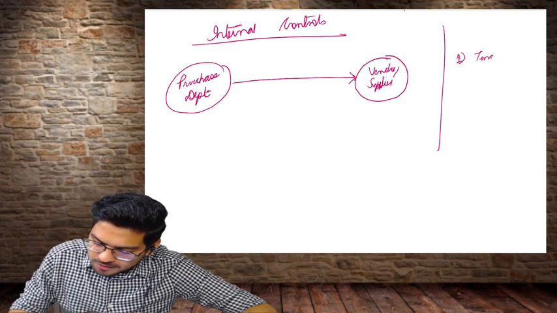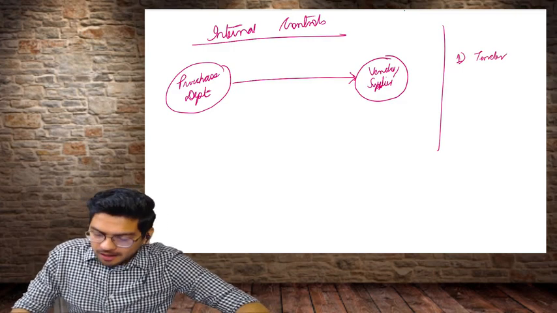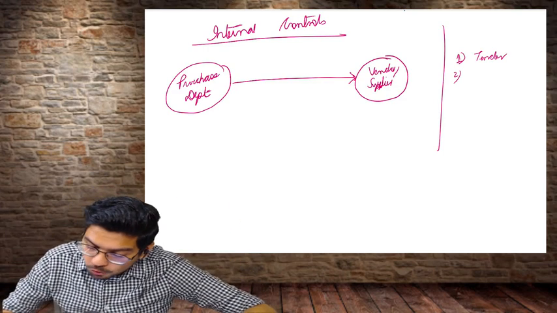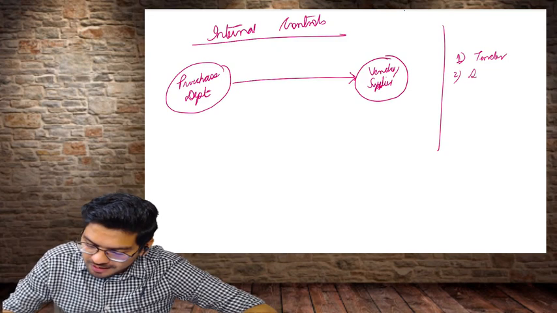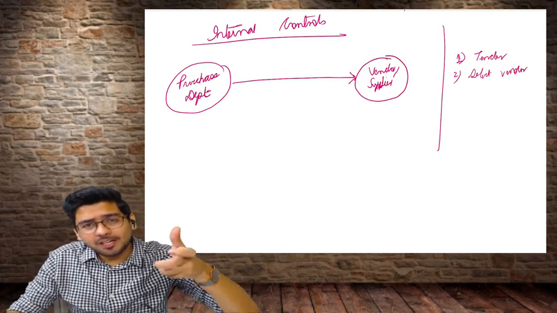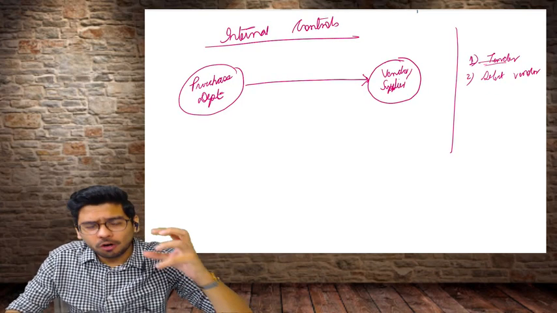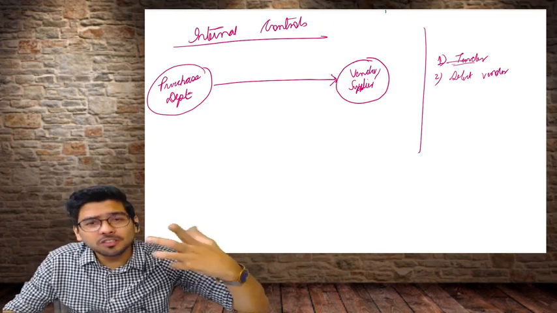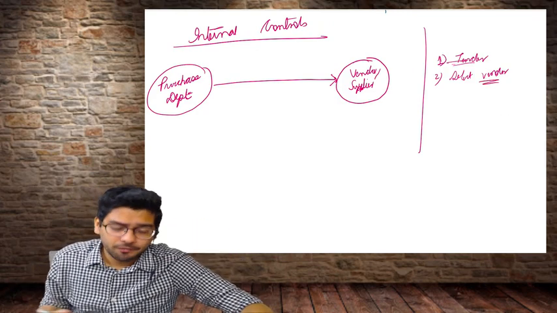They are going to float some tenders, and then many vendors are going to respond to the tenders. Now they are going to choose the best vendor. Obviously the vendors are going to give their quotation, and on the basis of the best quotation, they are going to select their vendor.